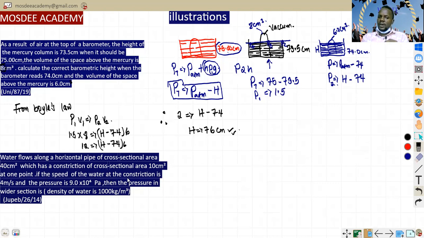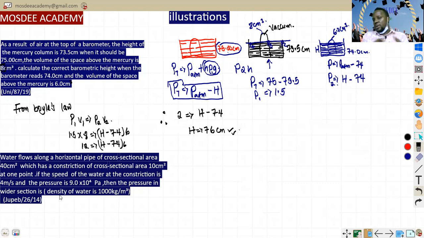If the speed of water at the constriction is 4 meters per second, and the pressure is 9.0 times 10 raised to the power 4 Pascal, then the pressure in the wider section is dash. We're given the density of water as 1,000 kilogram per meter cube. This question was extracted from JUPEB, question 26, year 2014.